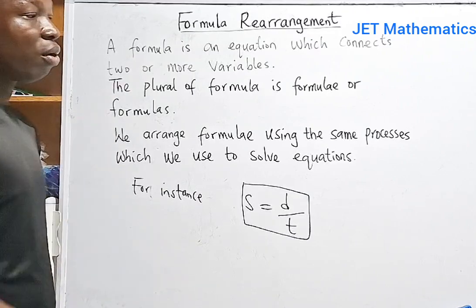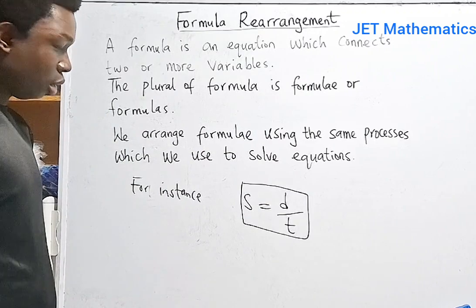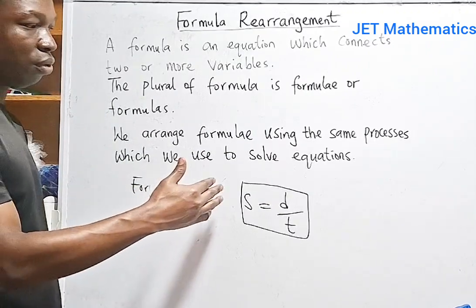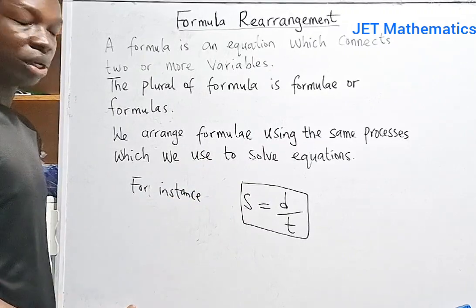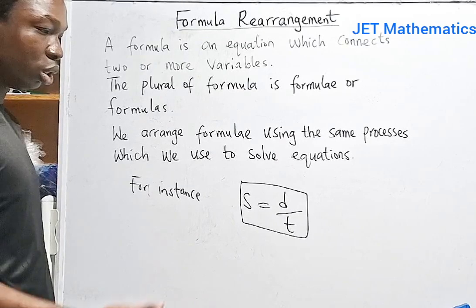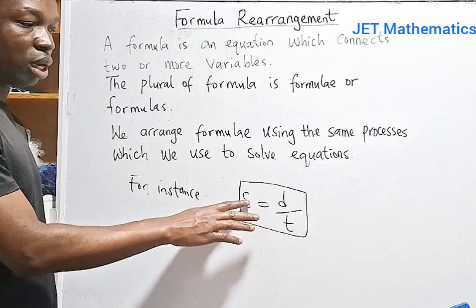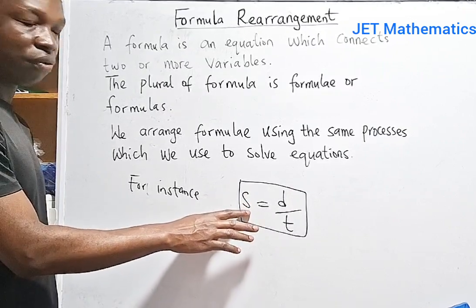The plural of formula is formulae or formulas. We can rearrange a formula using the same process which we use in solving equations. So here S is the subject of the formula.